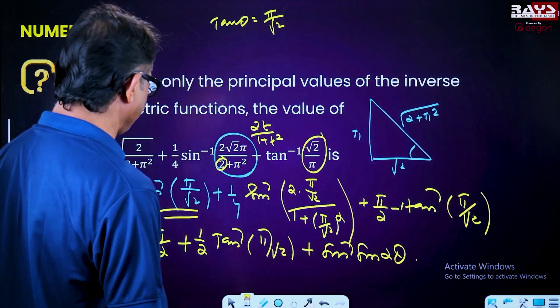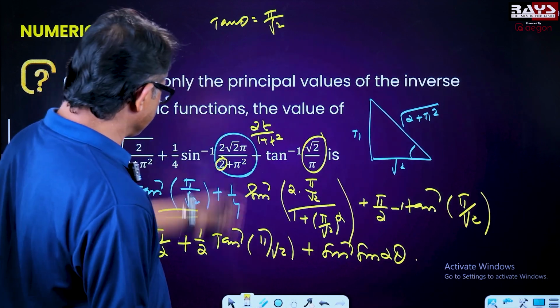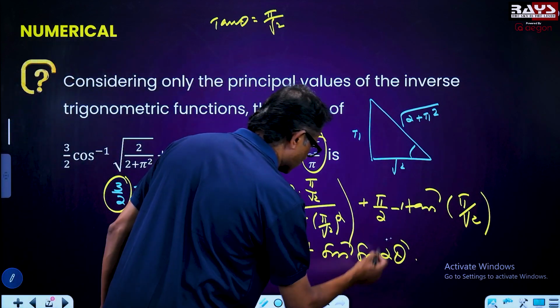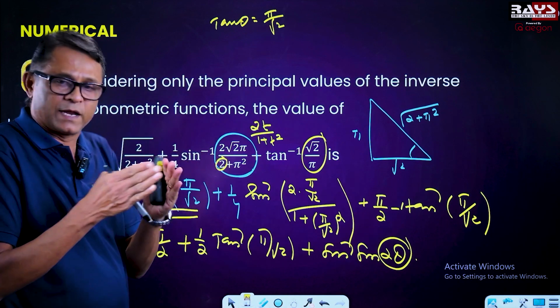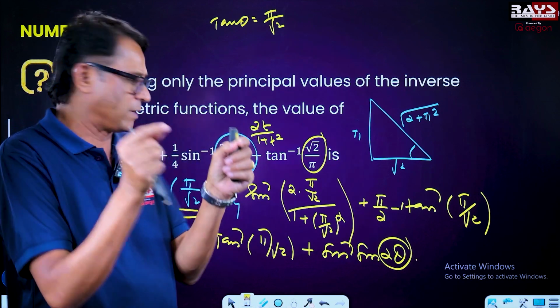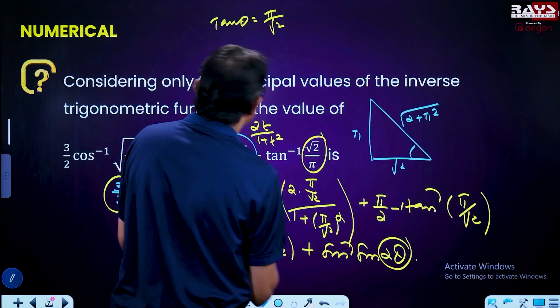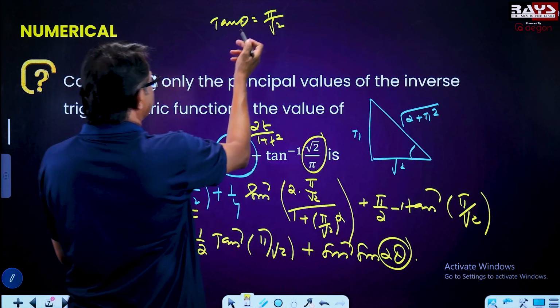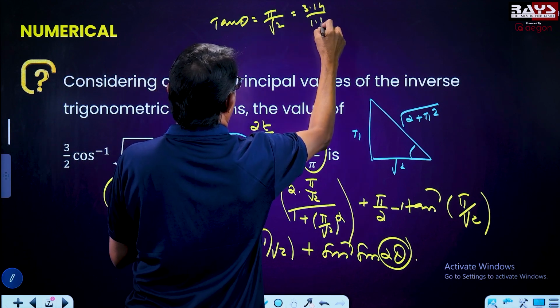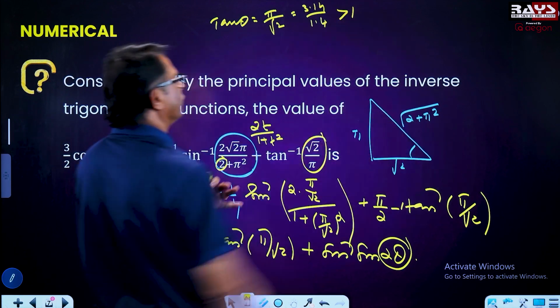For sin inverse sin 2 theta, you have to look at whether this 2 theta is coming in the range of sin inverse, because sin inverse is always between minus pi by 2 and plus pi by 2. But tan theta is pi by root 2, that is 3.14 by 1.4, which is always greater than 1.